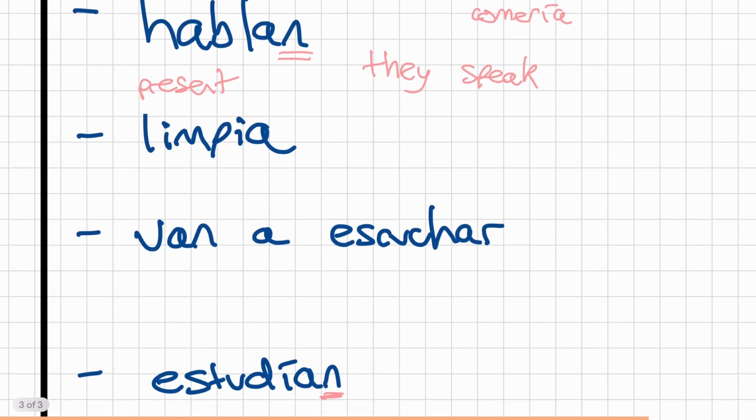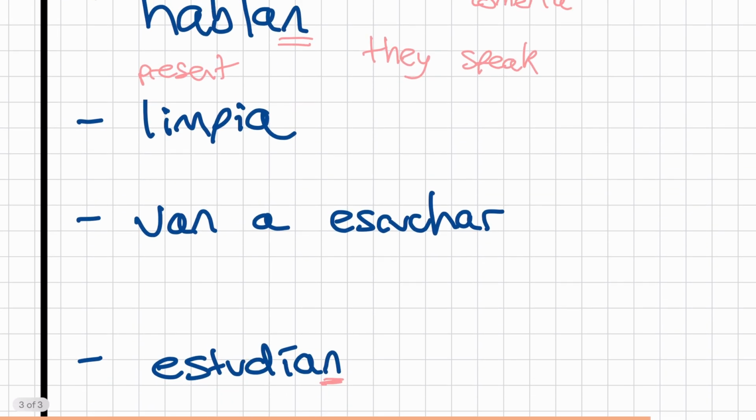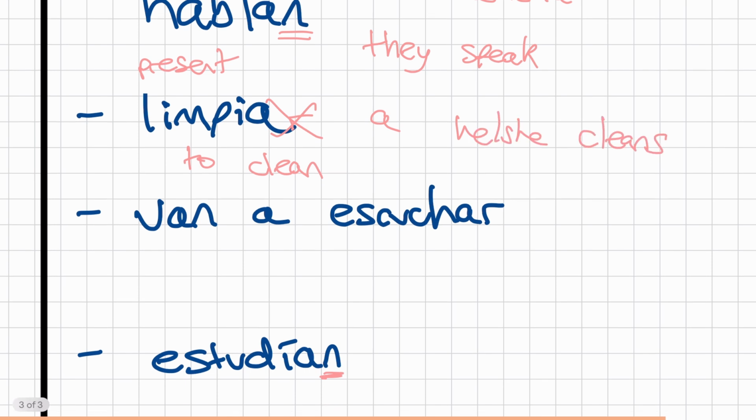A couple more, so limpia. There's no N, so it's a single person, or it's not the they form. Limpiar is to clean. We get rid of the ar, we have just the a at the end. So this is he or she cleans.